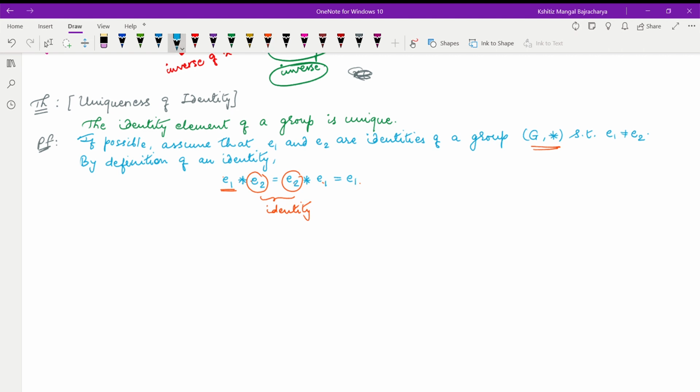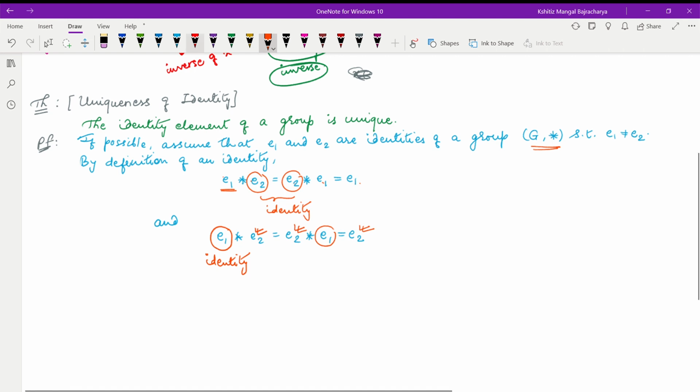And similarly, E1 star E2 equals E2 star E1 is equal to E2 as well, because E1 is an identity, and identity star an element is equal to element star identity, equal to the same element, as per the definition of an identity element.